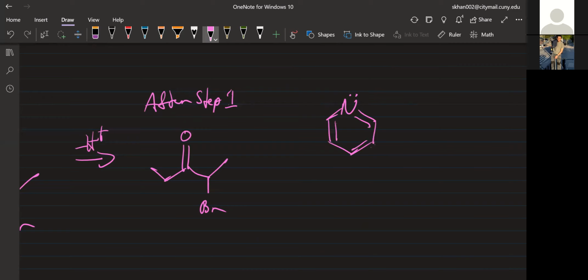Think about that. Base only, right? Because it's too sterically hindered. It's too big, right, to act as a nucleophile? And we know its lone pair is outside of the aromatic ring, which is why it's a pretty good base, right? So what happens here is essentially an elimination, right?